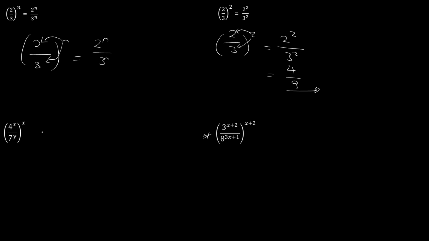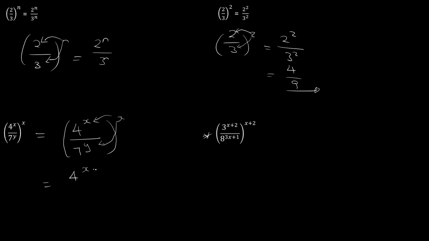Now, 4 to the power of x over 7 to the power of y, all to the power of x. So how do we solve this one? Same thing, we distribute. We have 4 to the power of x over 7 to the power of y. We have this x, so we're going to distribute this x to here, and the x is also going to go here.